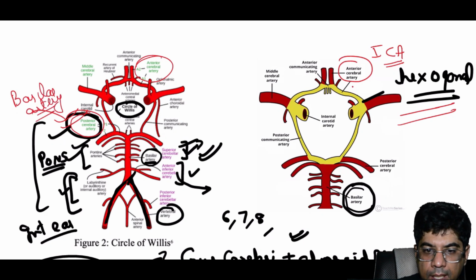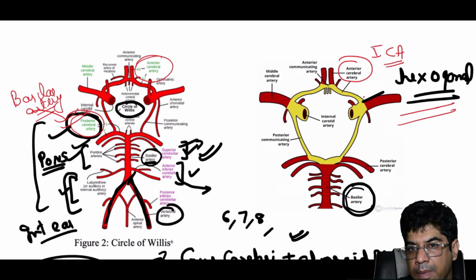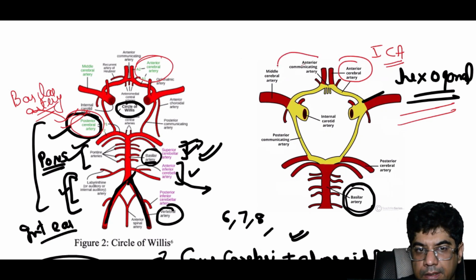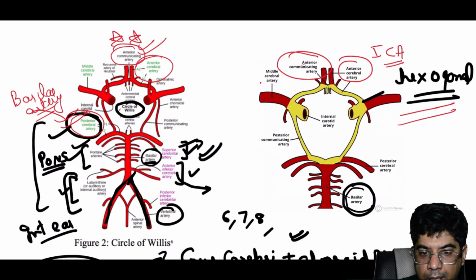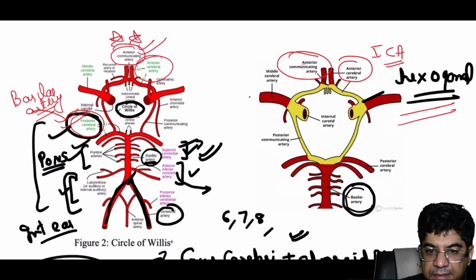Now, how are the two anterior cerebral arteries connected? They are connected by the anterior communicating artery. This one. And how about the internal carotid arteries and the posterior cerebral arteries of the same side?